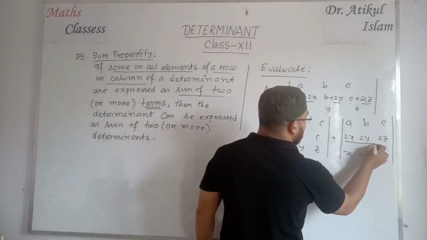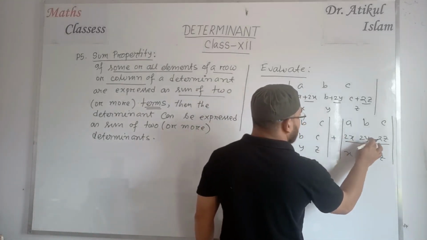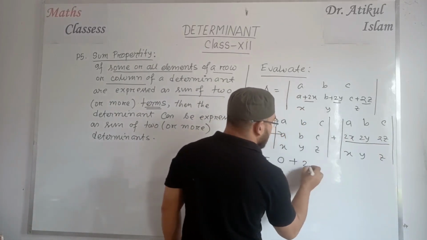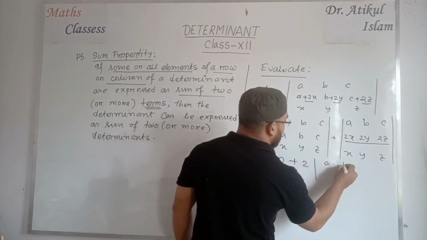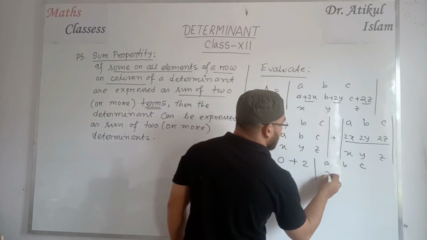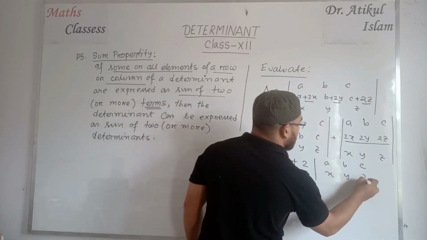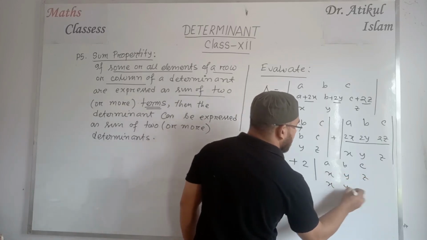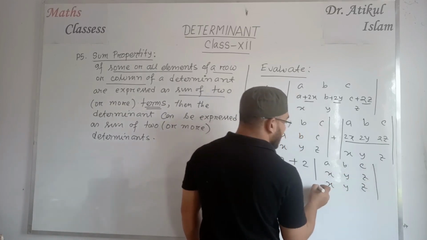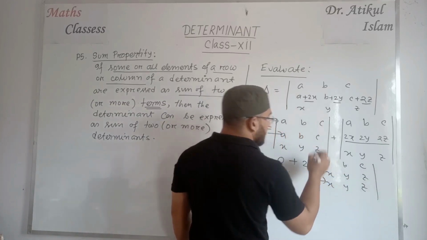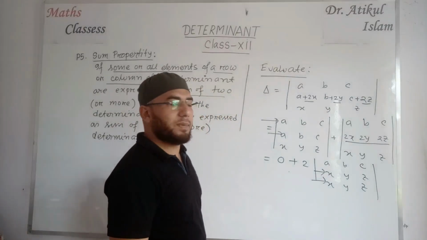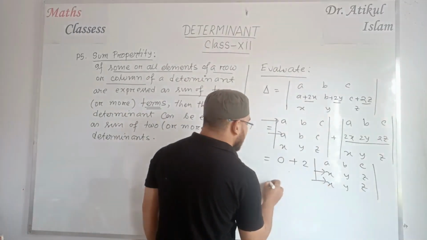Now in the second row we have 2 in every element, so you can take 2 common and write the rest of the elements. Again here these two rows are identical, which means the value of this determinant is 0.